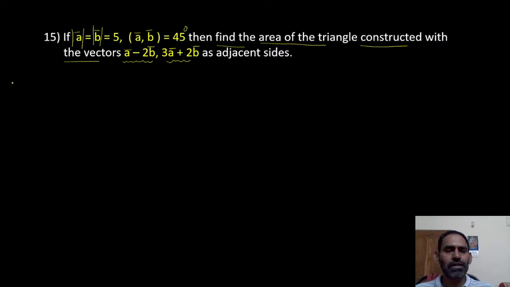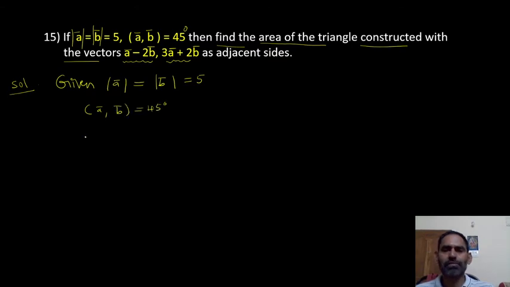Before that, what are the given statements here? First, given mod a bar, mod b bar equals 5. Next, the angle between a bar, b bar is 45 degrees. First of all, I am finding, this is useful in further steps, modulus of a bar cross b bar.